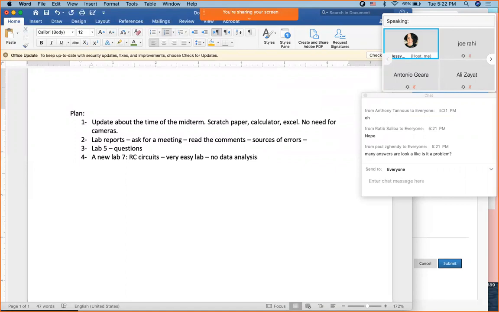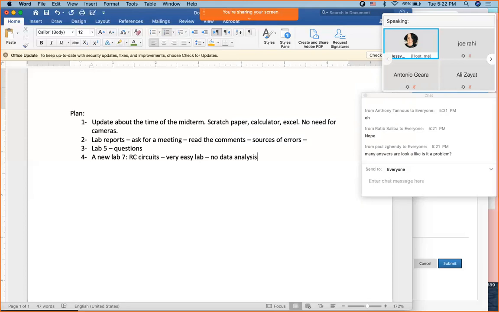So usually we give this lab for grade 11 level, 11 or 12. And some instructors don't like the lab because it's so simple. Personally, I like it because I believe it's great to be able to observe the charging of a capacitor using very simple tools. You know, so the physics involved is very introductory, and that's why some instructors are not happy with the lab, and it's gonna be changed for the next semester.